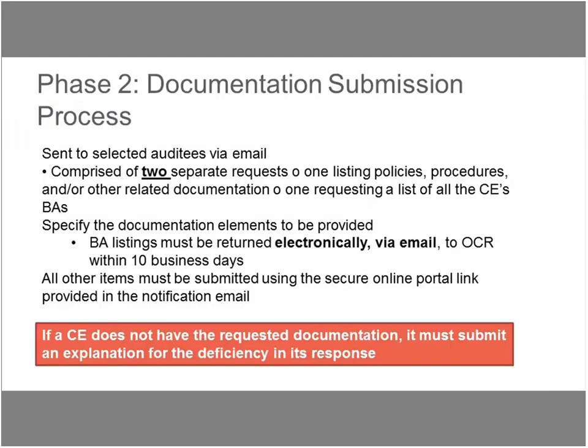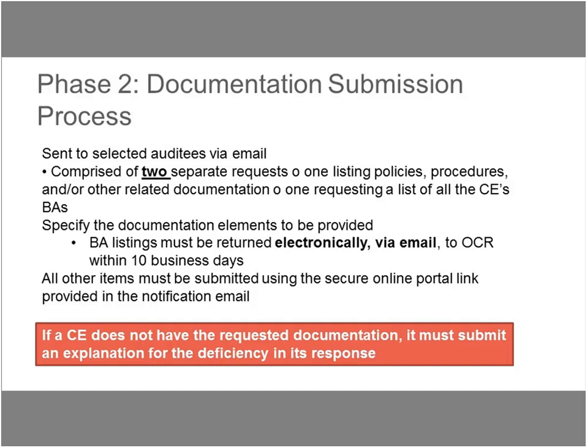I'm not going to be repeating the stuff. Even some of the things here have already been shared. There are going to be two sets of requests. One is listing your policies, procedures, and all the documentation that are required.